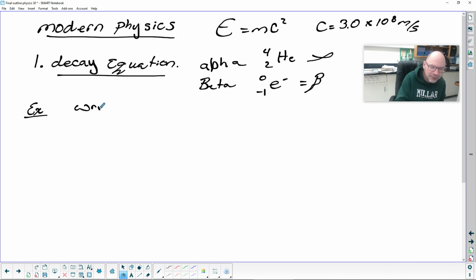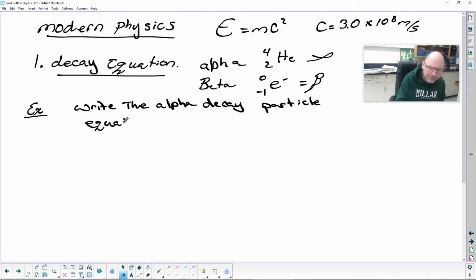Write the alpha decay particle equation for, let's use one of the radioactive elements down here. Let's use thorium. Thorium 231.